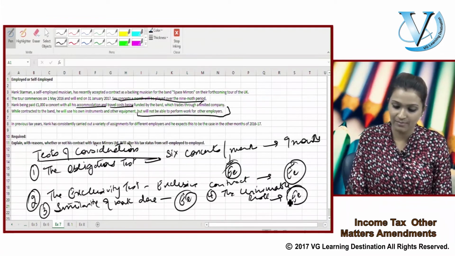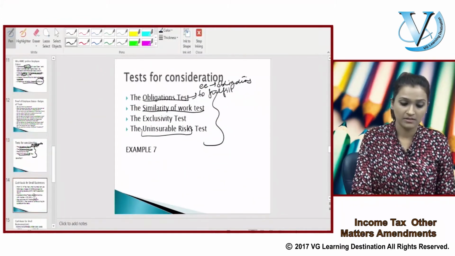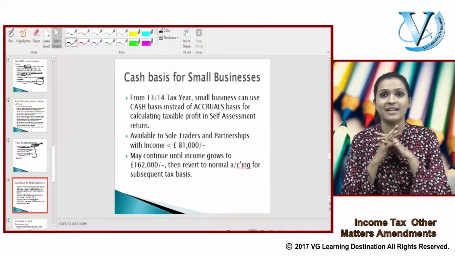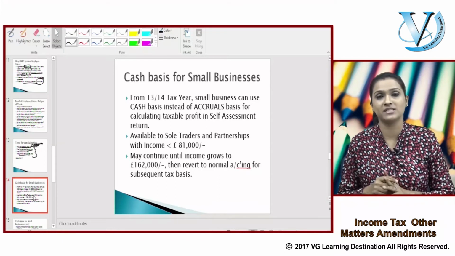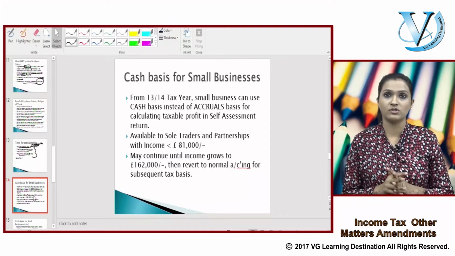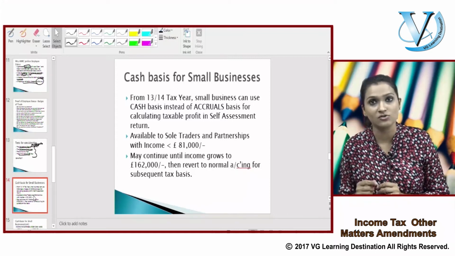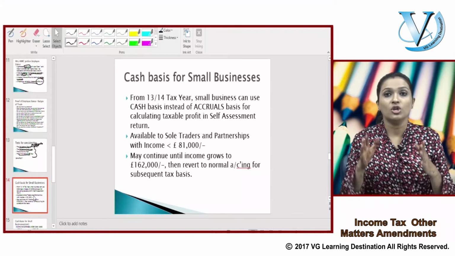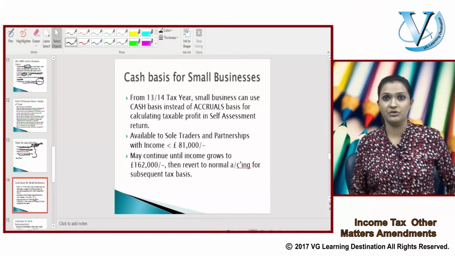Now what else? Let's get back to the rules. Now, employment versus self-employment is done. There is another last part of your income tax left, which is known as the cash basis for small businesses. Now, remember, you prepare your books of accounts on an accruals basis, which basically means regardless of whether the payment has been paid or received or not, you're going to recognize what should have been done in the 12 months period.